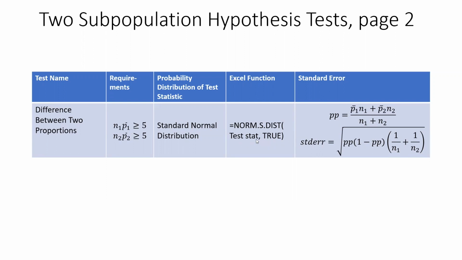And just to remind you, if you have to do a right tail test, because this is the function we have, and this always gives you the probability to the left of this test statistic. If you want to know the probability on a right tail test, you have to do 1 minus what you get from this. Okay.